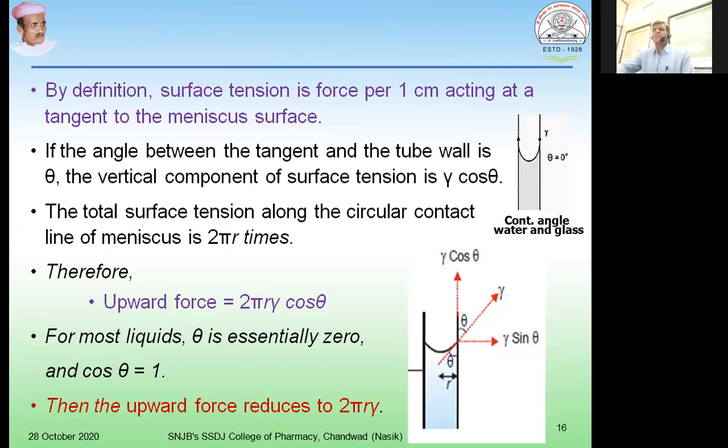Now for most liquids, theta is essentially 0 and cos theta happens to be 1. When we put cos theta equal to 1, we get the total upward force, 2 pi r gamma.